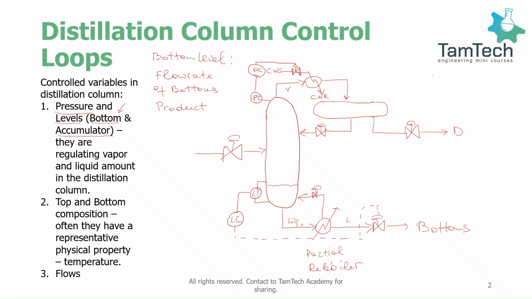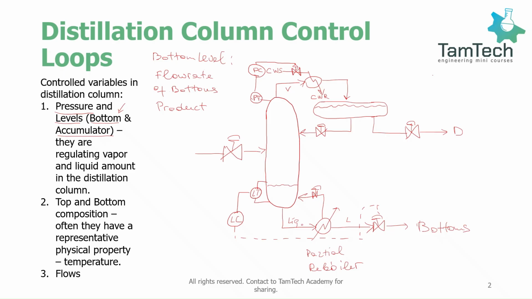The second level that we should control is the level inside the accumulator, or inside the reflux drum. We should always keep some amount of level in our accumulator because if, due to some malfunction, we lose our level inside the reflux drum, we will lose our reflux and it will change the temperature inside our distillation column.